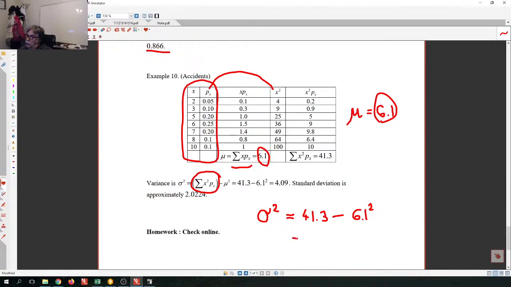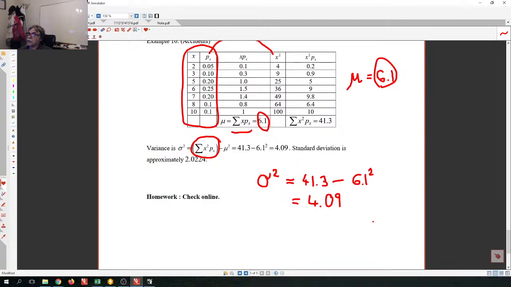So now when you do the proper calculation here, you end up with 4.09. I'm going to leave that to you to check with your calculator. That is the variance. If you need standard deviation, you're going to have to take the radical of that. Standard deviation is always the radical of variance.